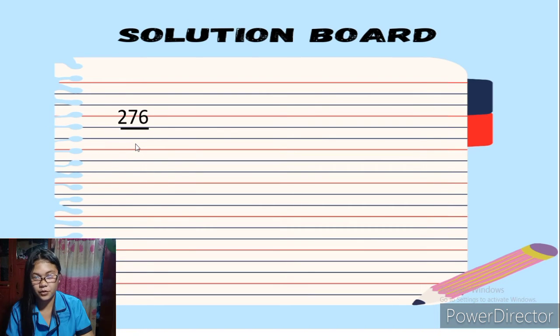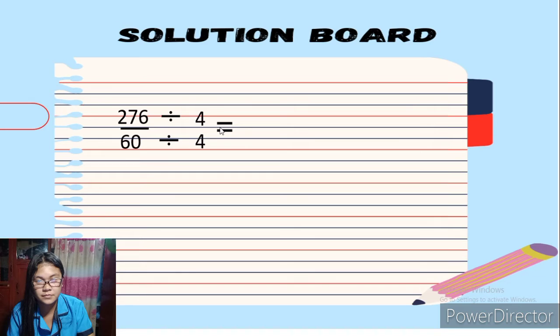So, 276 over 60, pwede mo pa siyang turn into simplest form. So, divide mo yung numerator tsaka denominator by 4. So, 276 divided by 4 is equals to 69. Then, 60 divided by 4 is equals to 15.